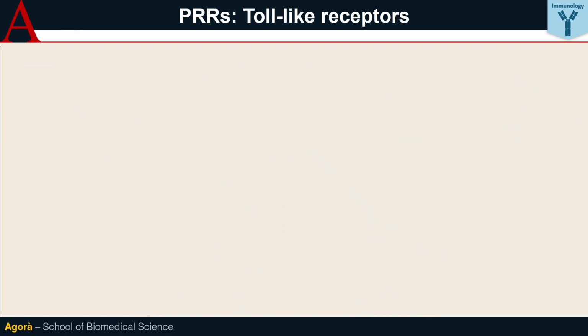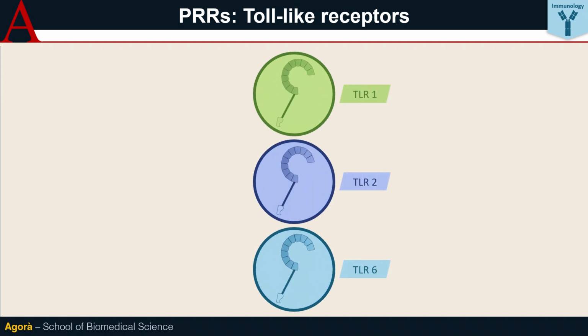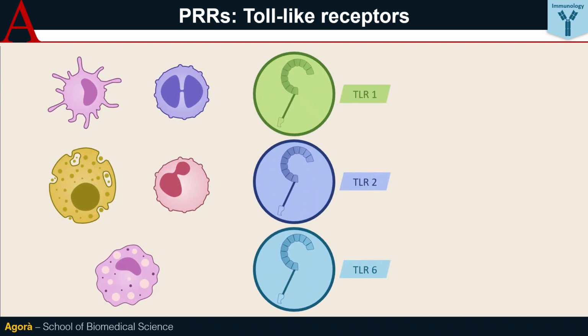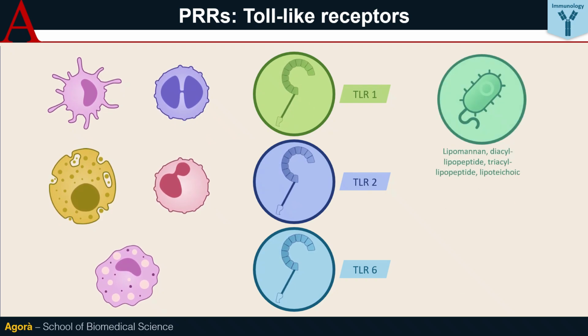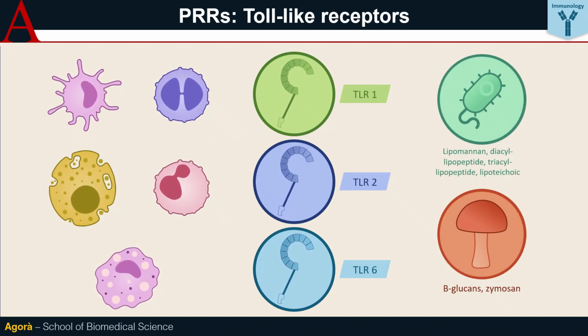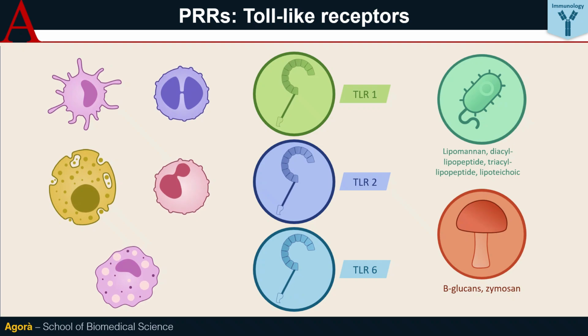TLR1, TLR2, and TLR6 are expressed by various cell types, including macrophages, dendritic cells, DCs, basophils, eosinophils, and mast cells.